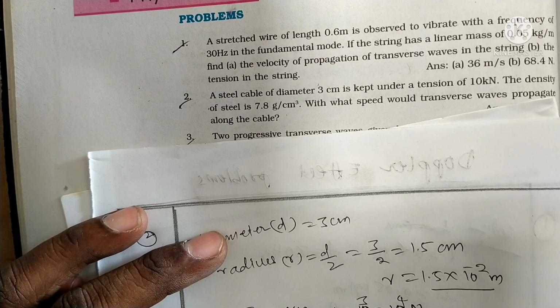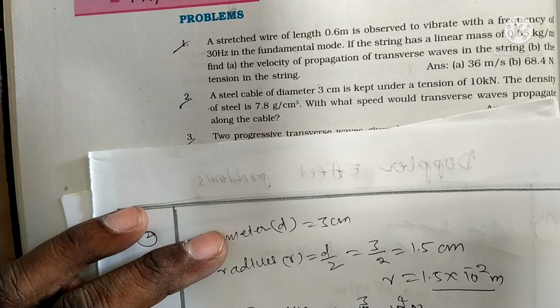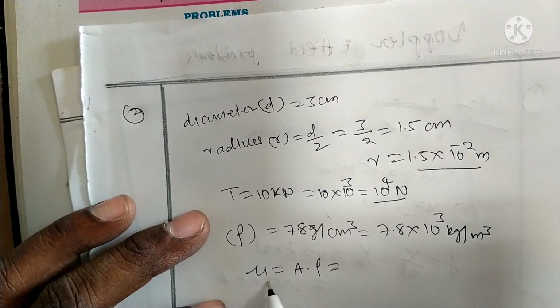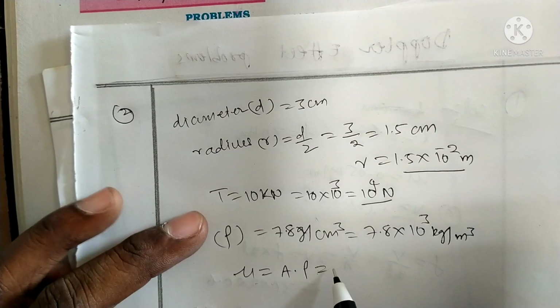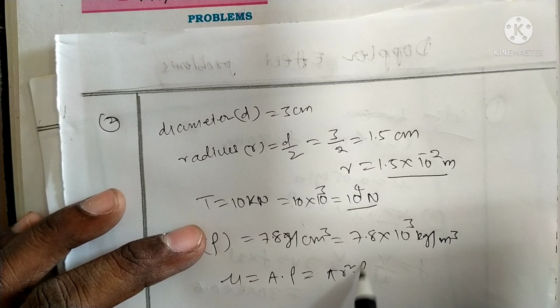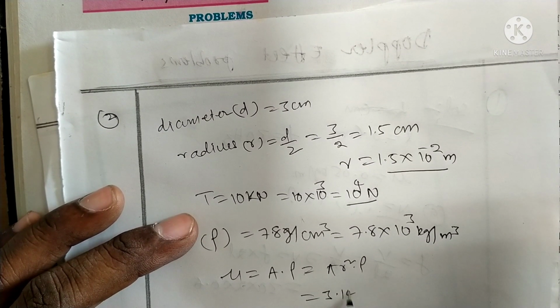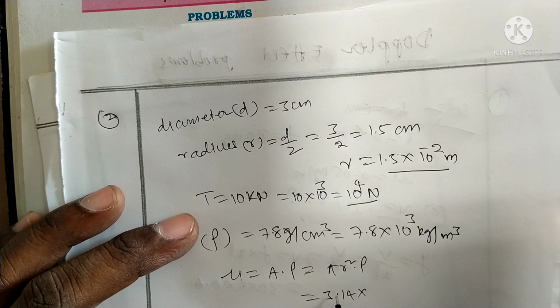Next, we want to find the linear density. Mu is equal to area into density, which is called linear mass density, that is mu is equal to A into rho. Area is equal to pi r square, where pi is 3.14 or 22 by 7.